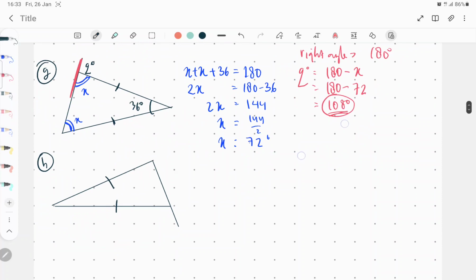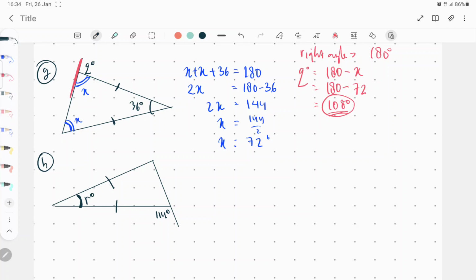How do you do this question if it is given r degrees and this is the same and this is 114 degrees? First thing first, you go backwards. It's like question G, but you need to go backwards. So this is r and 114 is separated by one angle, right?